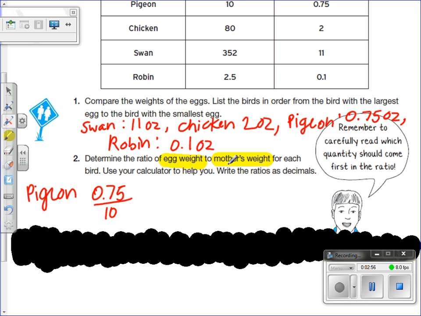This asks us to use our calculator to write the ratios as decimals. So I would simply put 0.75 divided by 10, and that would give me a decimal ratio of 0.075 ounces.